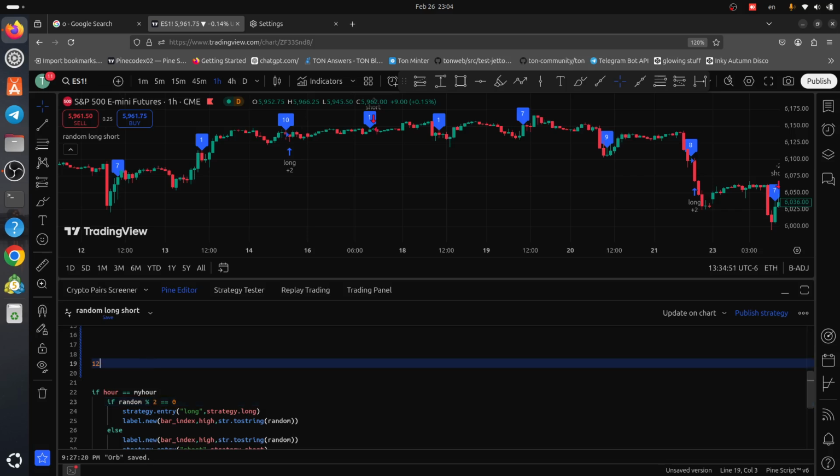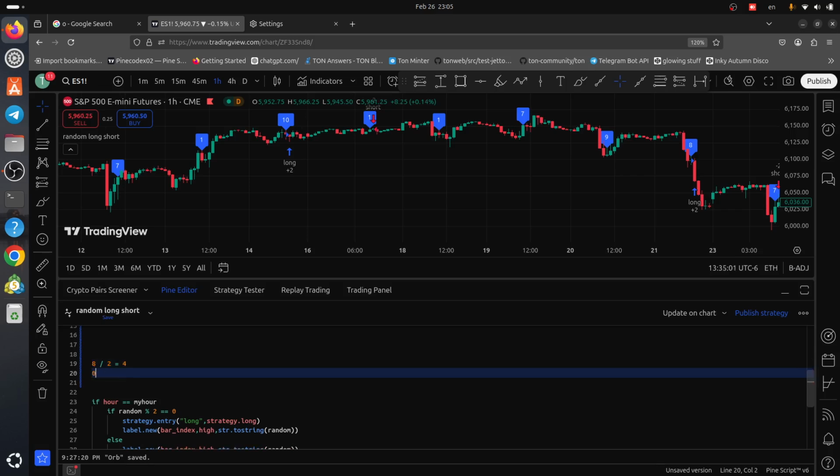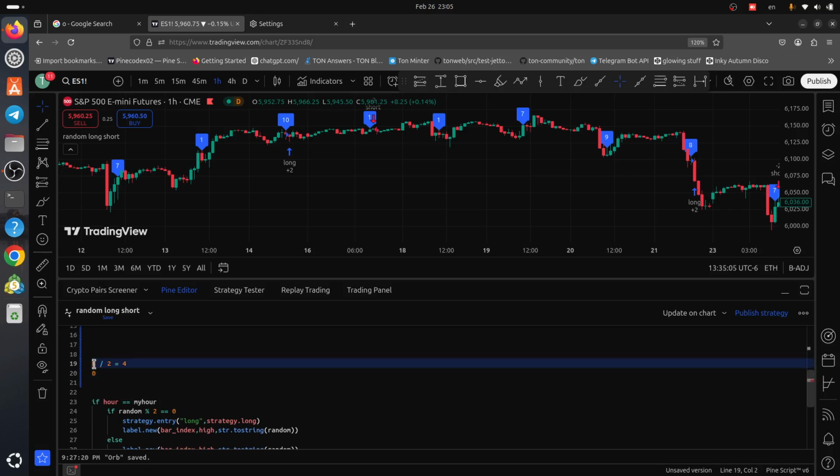For example, our number is 8, we divide it by 2, so our remaining is 0. Okay, so we understand this is even. So it confirms the number is even.